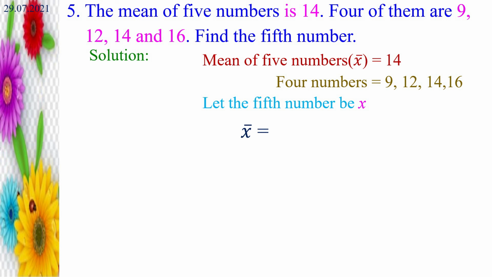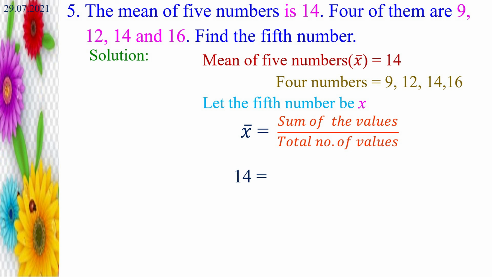We know the formula, x bar is equal to the sum of the values divided by the total number of values. Here x bar is 14, which is equal to the sum of the values of 4 numbers plus the fifth number x. Therefore, 9 plus 12 plus 14 plus 16 plus x is the sum of the values divided by the total number of values, 5.